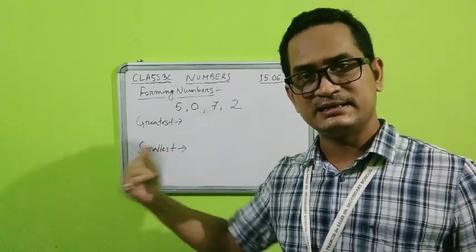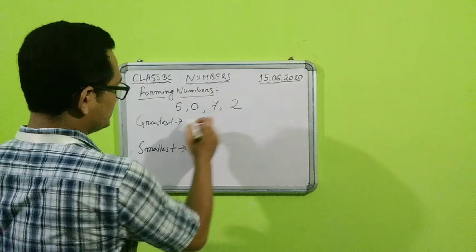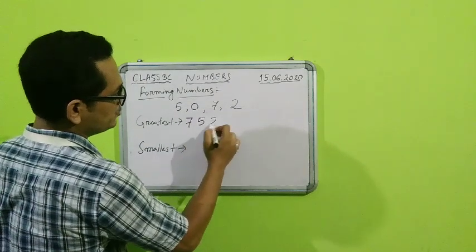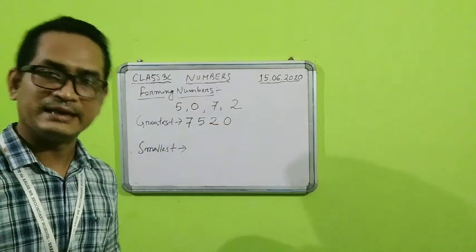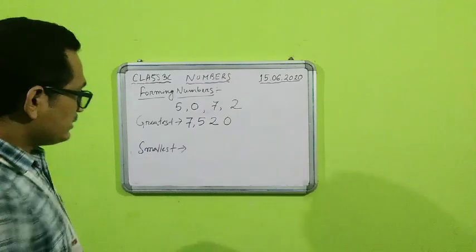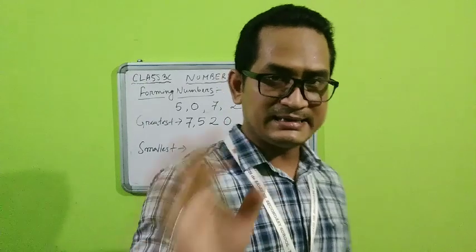Just arrange these digits in descending order. So in descending order, first 7 will come, then 5 will come, then 2 will come, and the smallest one is 0. So this will become the greatest number, that is 7520.